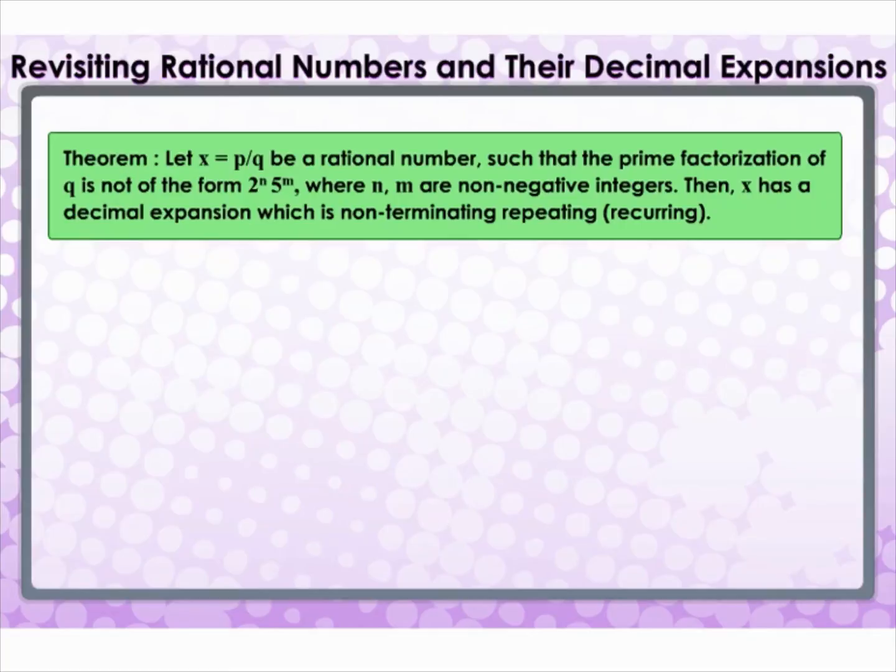From the discussion above, we can conclude that the decimal expansion of every rational number is either terminating or non-terminating repeating.